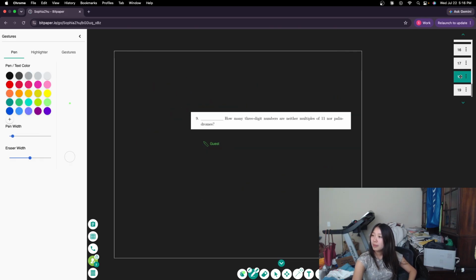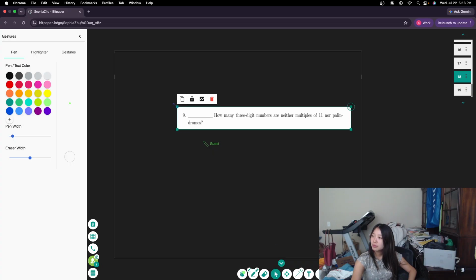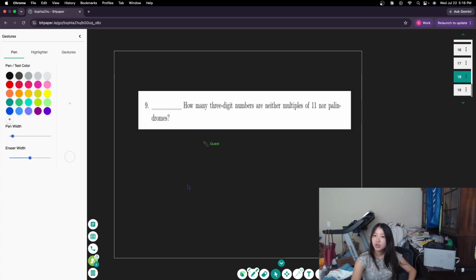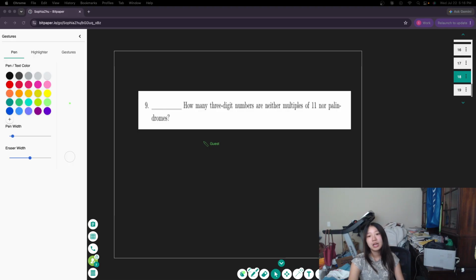Nice. Okay, moving on, we say how many 3-digit numbers are neither multiples of 11 nor palindromes. So here we have kind of a casework scenario. And one thing we can do to approach this question is think about it through complements, which means we can do a kind of smart strategy instead of trying to count everything.